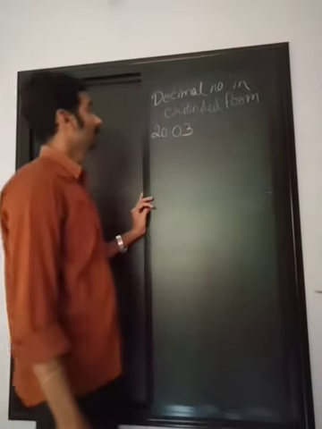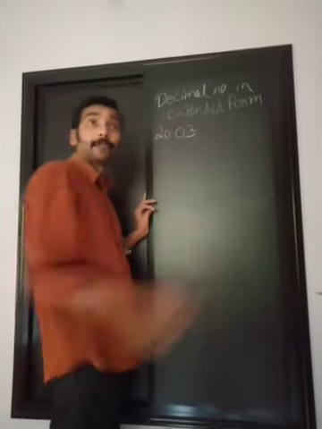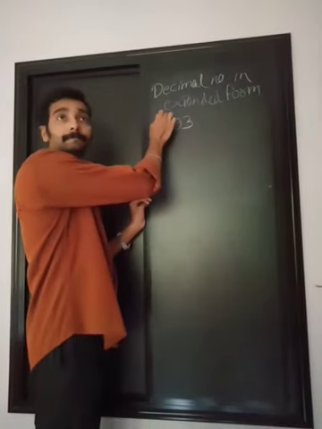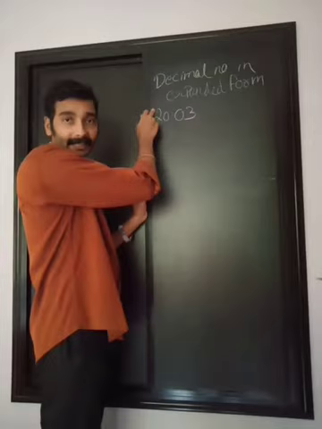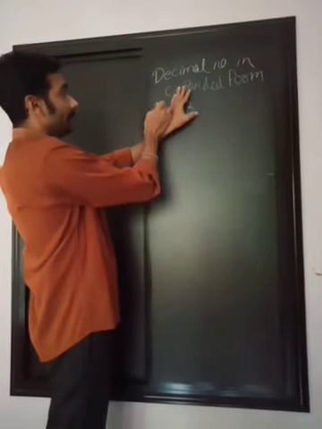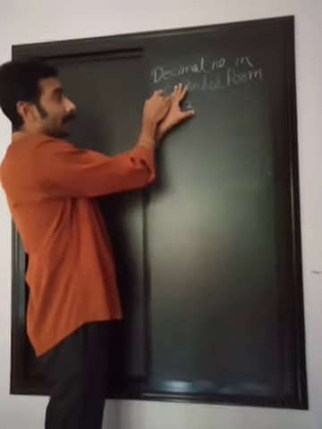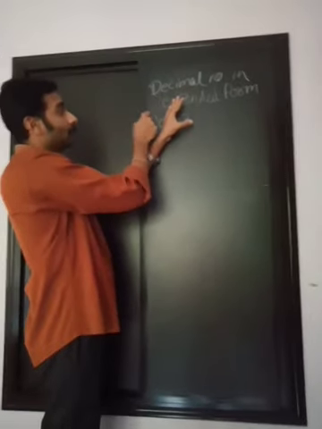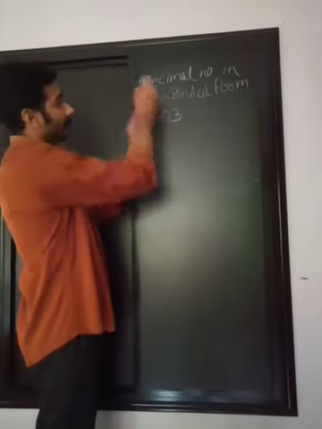In this type of expanded form of decimal, this place is the ones place and this place is the tens place. This one is the point. 0 is in the ones place, or unit place. 2 is in the tens place.